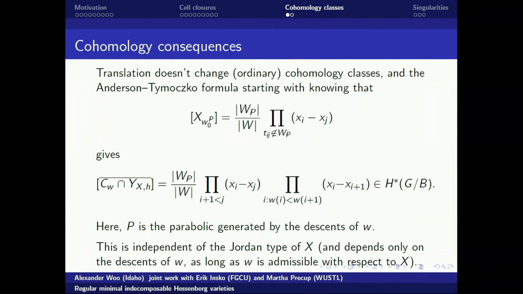It is only the xi minus xj's, but it extends easily. I think I have convinced Vasu that it extends easily to this case. They did just the big cell, the class of the big cell, but now we're just talking about the same cells in littler flag varieties.